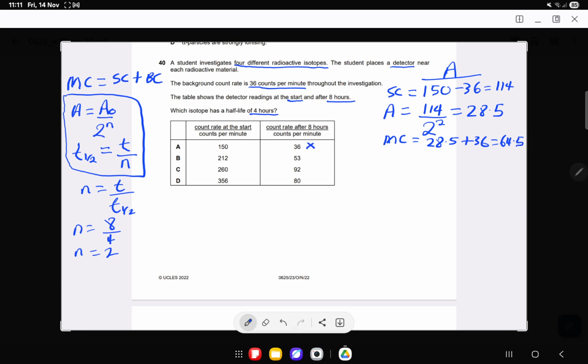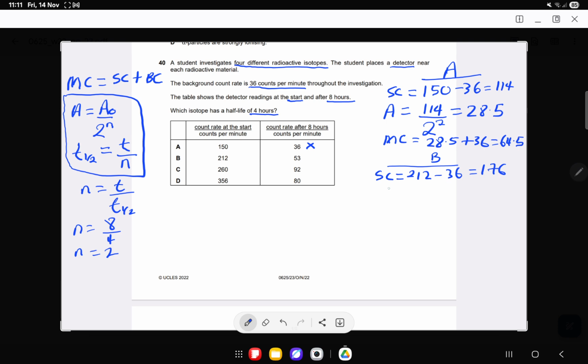Now let's go to option B, the same procedure. For option B, we need to find the sample count rate, which will be 212 minus 36, which will give us 176.